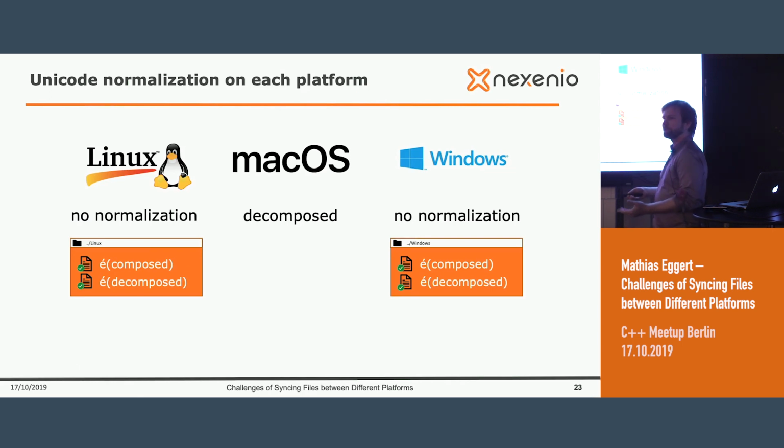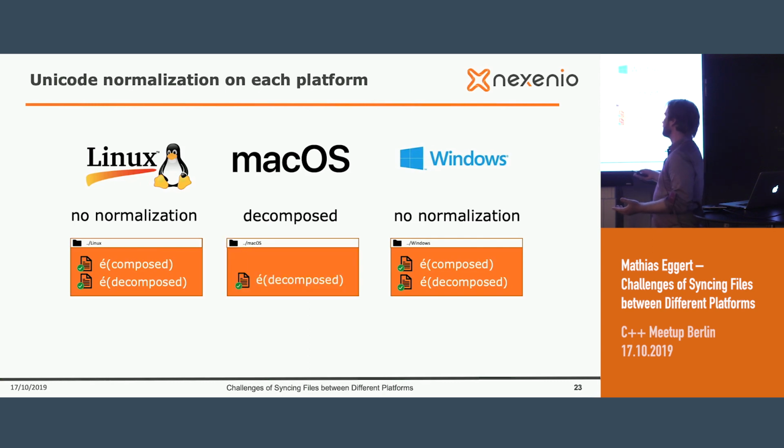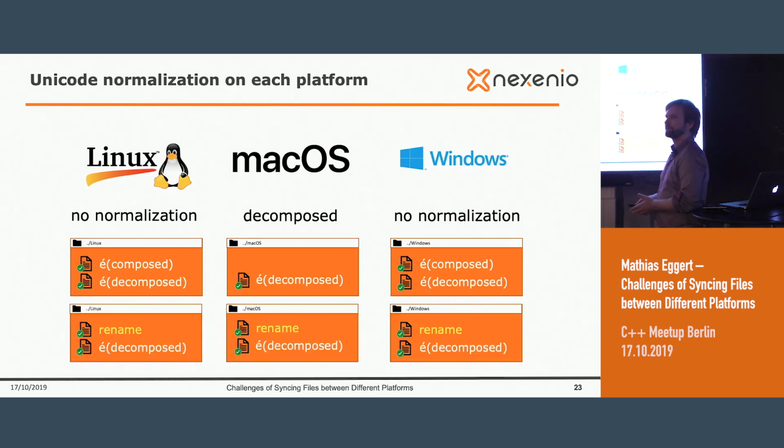But if the macOS client tries to synchronize these files, it can only add either the decomposed or the composed version on the file system, because the composed and decomposed versions are treated as equal. But we already have a solution for that. We just globally rename it, and at the end we can synchronize the file content and the file name.